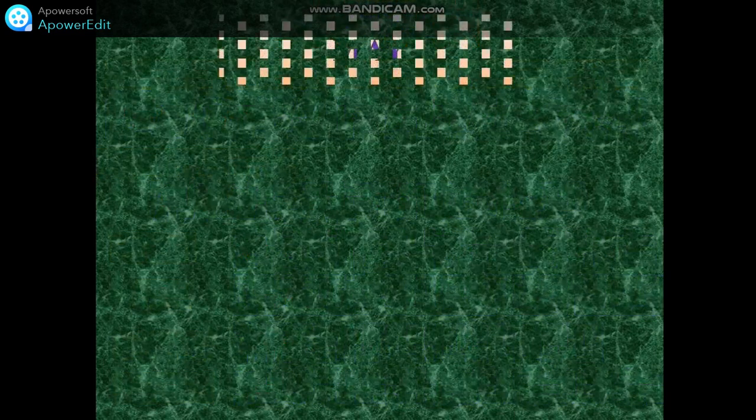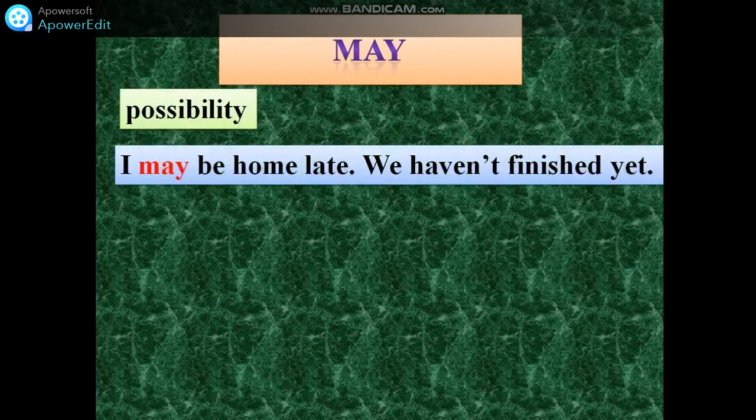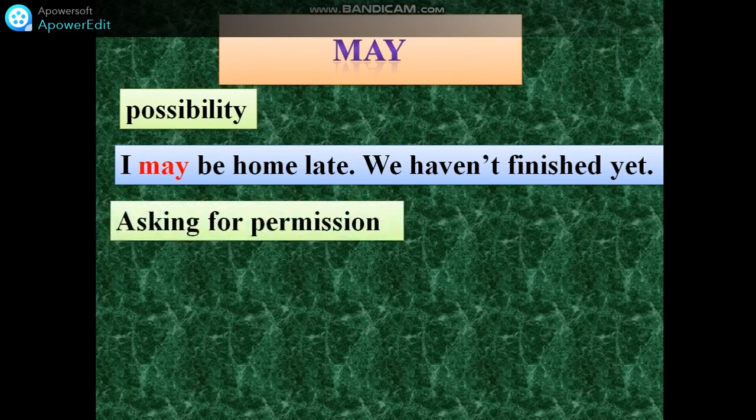Great. Let's move now to may. Now, may means possibility. For example, I may be home late. We haven't finished yet. It's possible that I come back home late because we have not finished yet. Great. May also means asking for permission.